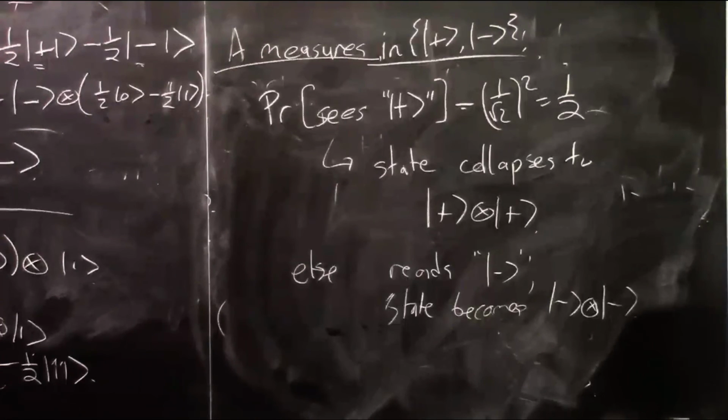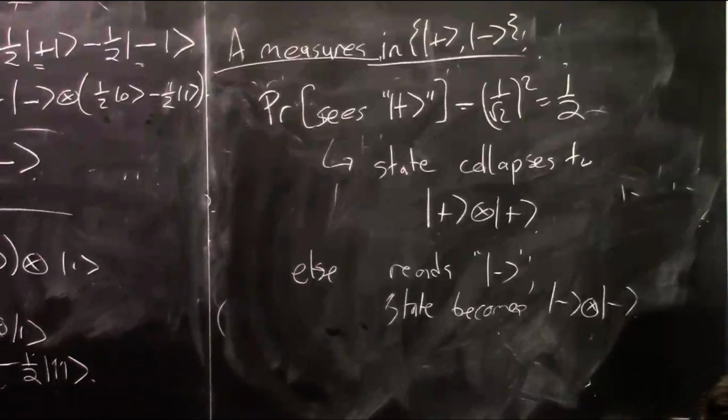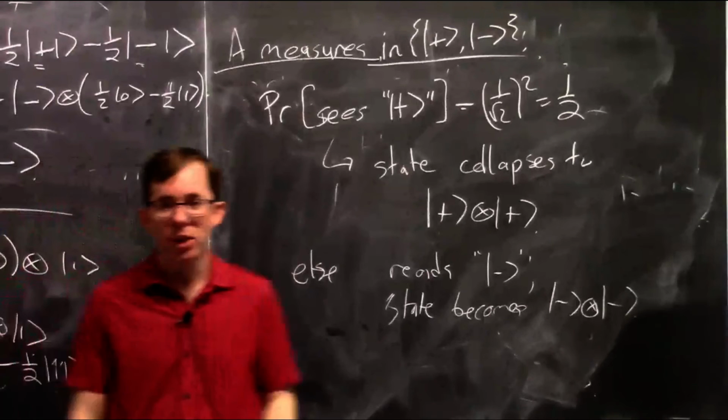Or she can choose to measure in the plus or minus basis, and then Bob's state will collapse to some plus or minus state that she knows. It would seem that in these 2 possibilities, Bob's state of the world is quite different. So now Bob can maybe tell the difference between his state being in the 0, 1 basis or the plus or minus basis. And maybe in that way, she can convey some information to Bob.